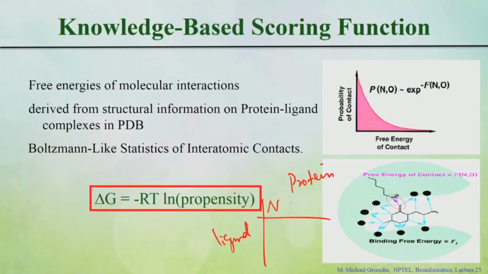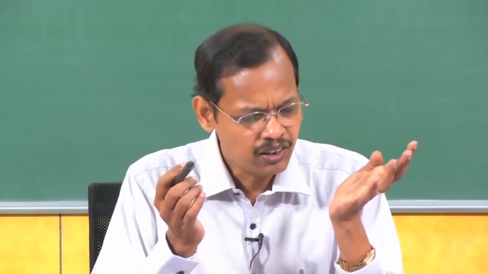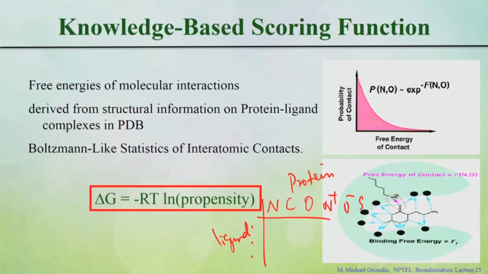CH, N, C, O, N plus, O minus, S. Likewise, the ligand also can have different types of atoms, and we see how far the atoms are distributed. Take any distance, say 3.5 angstrom or 4 angstrom, and within that distance they can see the pair preference, whether a N and this N are in contact or not, N and O are in contact or not. So, they get this preference based on distance.